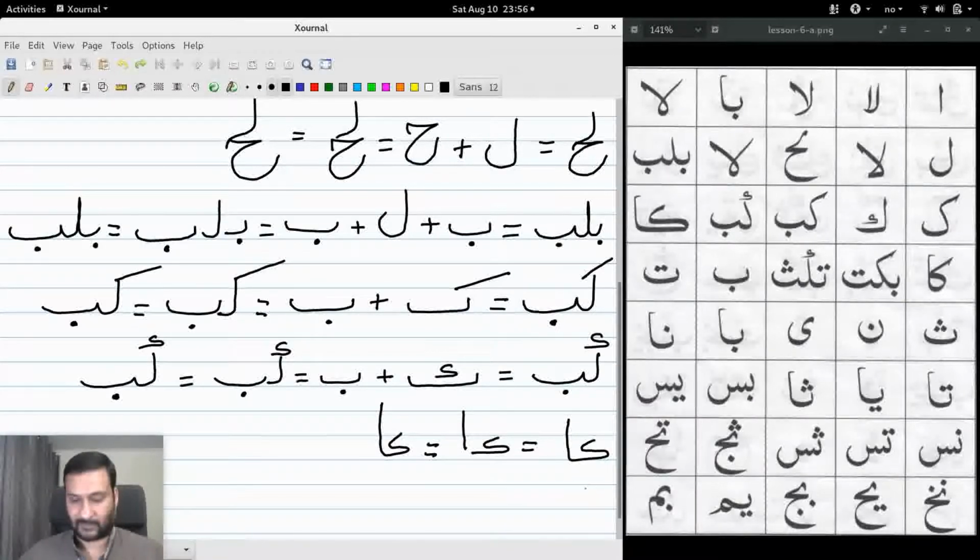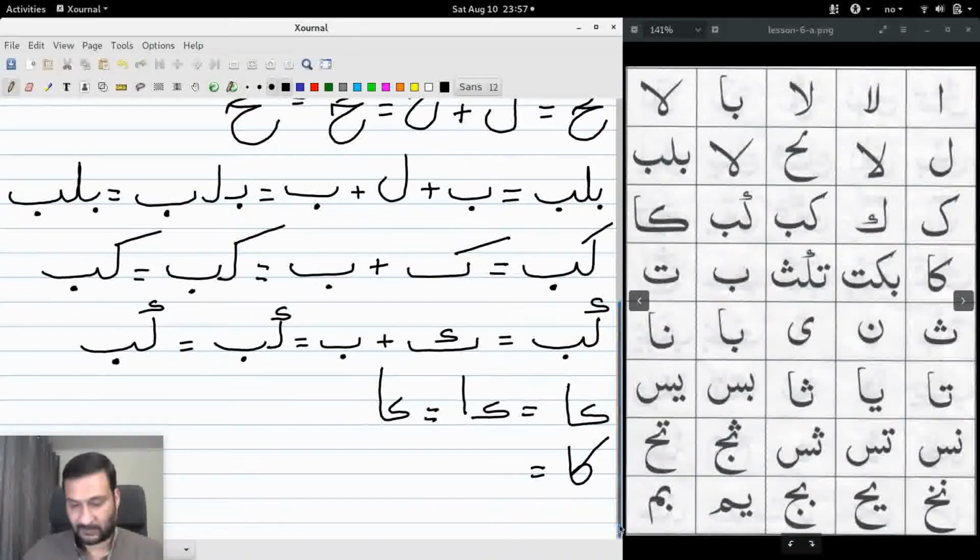So there's one way of writing it like so. This is one way. You can also write it starting here, make a round, join it here like a ba, then extend the line, kaf alif. This is made up of kaf and alif.